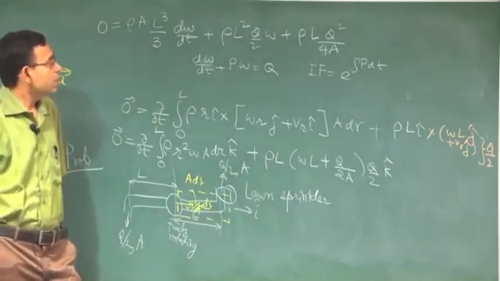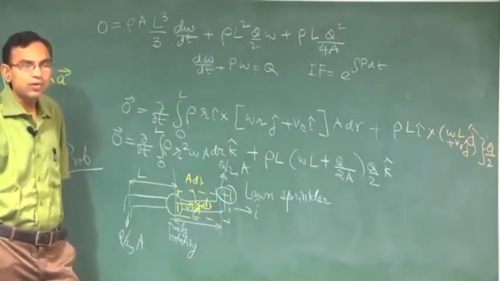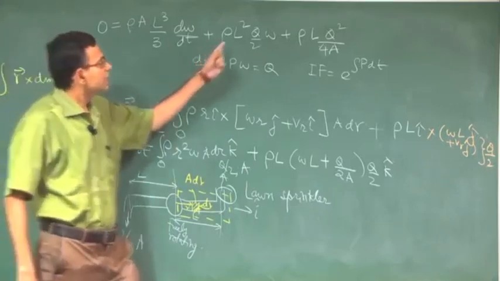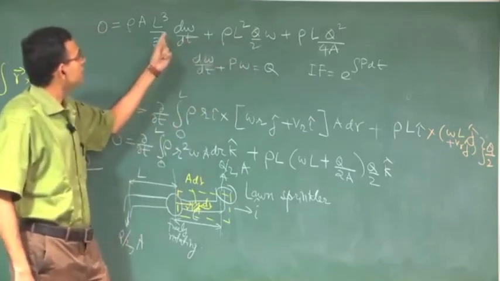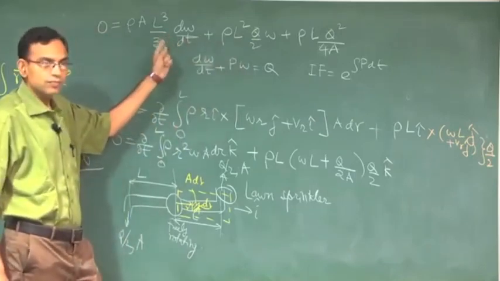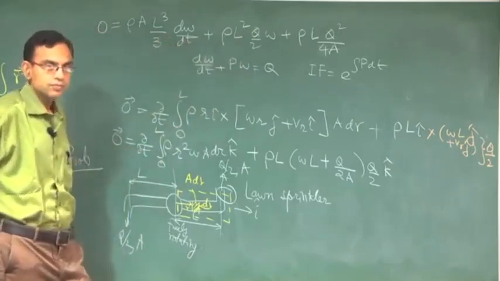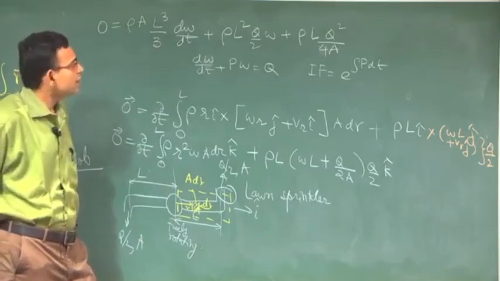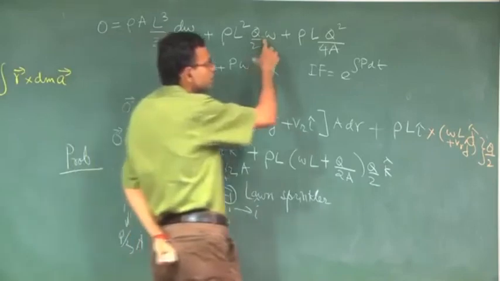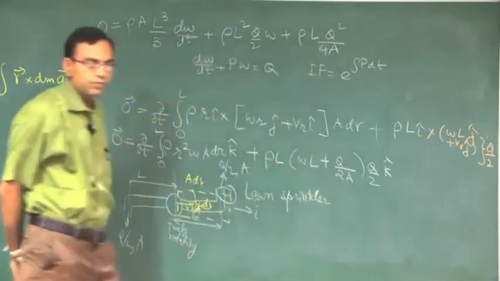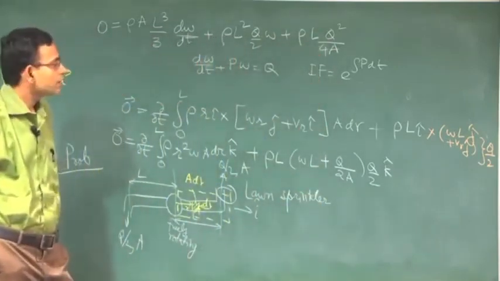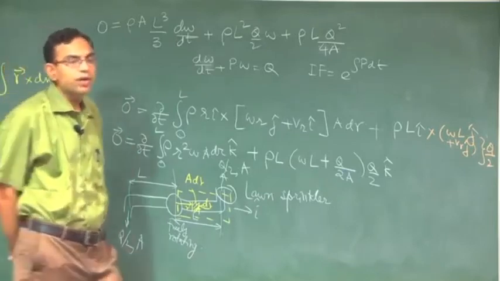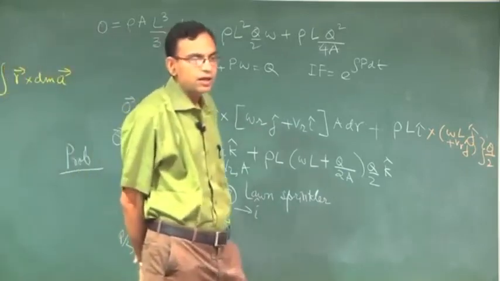Okay. How do you find out the steady state angular velocity? That is very easy. At steady state you will have this equal to 0. Okay. So then you will get the value of omega from here. Of course the direction will be minus, that is it will be clockwise instead of anti-clockwise.